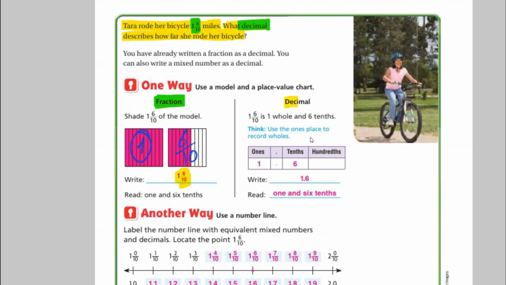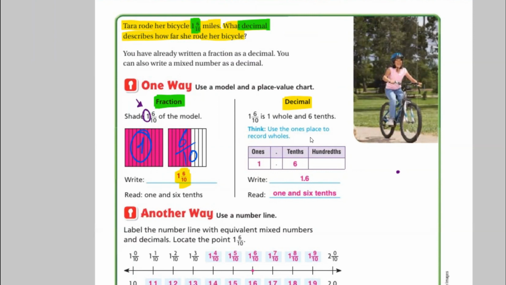Now we're going to write it as a decimal. How can we write it as a decimal? Firstly, put the decimal point. That's the first thing you're going to put. And then, as you see here, we have 1 as a whole number, right?